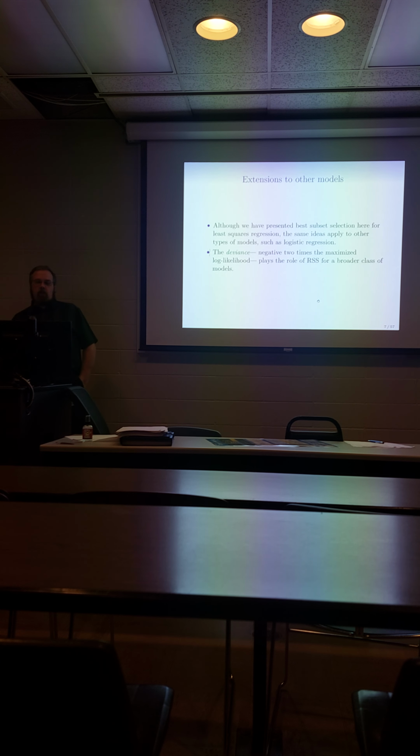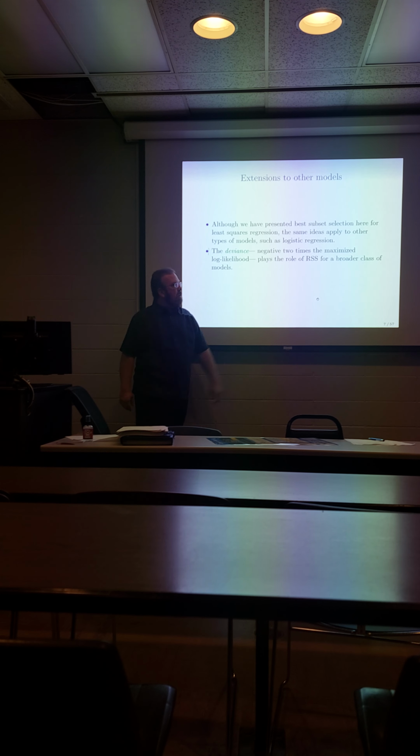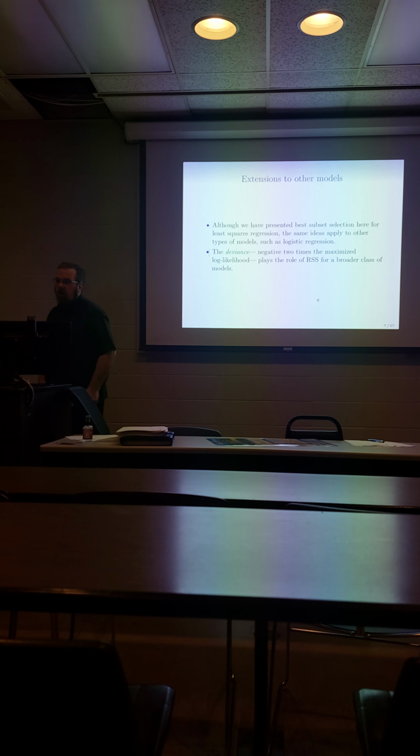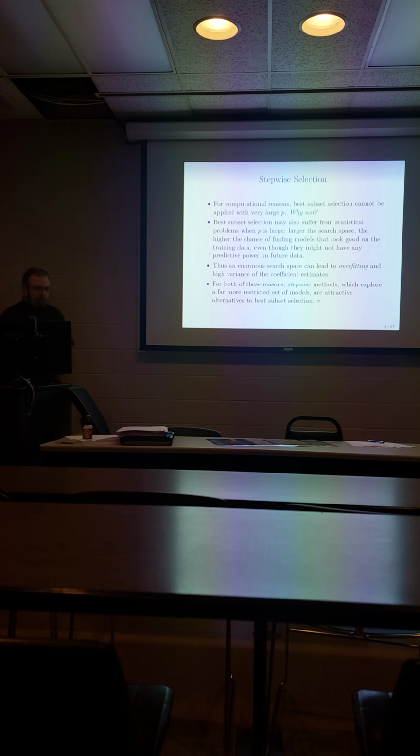So here we utilize a methodology for least squares regression, and we say that the deviance is utilized to represent the system here. Deviance is proportional to -2 times the maximum log likelihood, and it plays the role of RSS for broader models for classification purposes, right? What are we going to do with this? We'll see in a little bit.